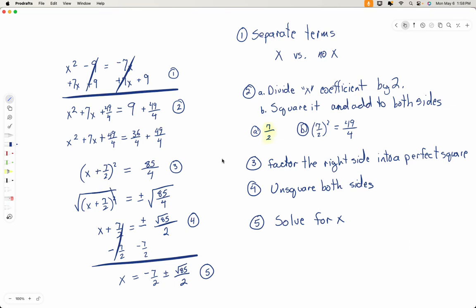So we are just rearranging the values and creating a value that we can add to both sides that we know we can factor. And we know we can factor it because we take this term here and manipulate it in such a way, dividing it by 2 and squaring it. That's what happens when we factor.